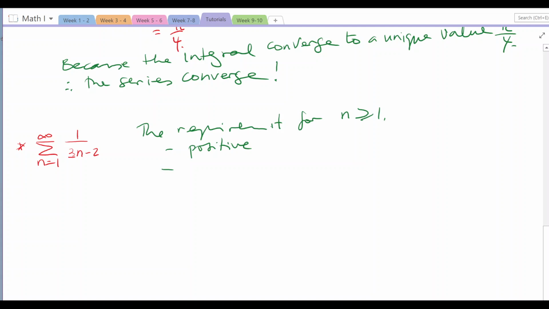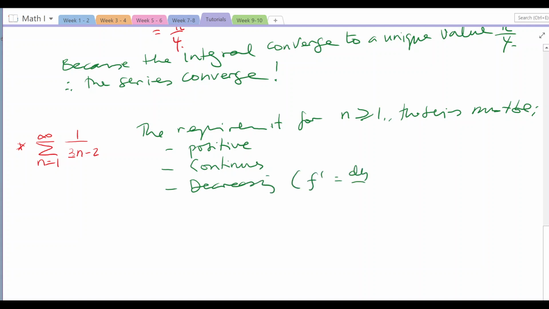The series must be positive and continuous and decreasing, meaning the gradient f'(x), or dy/dx, is less than 0. In other words, it is a negative value.